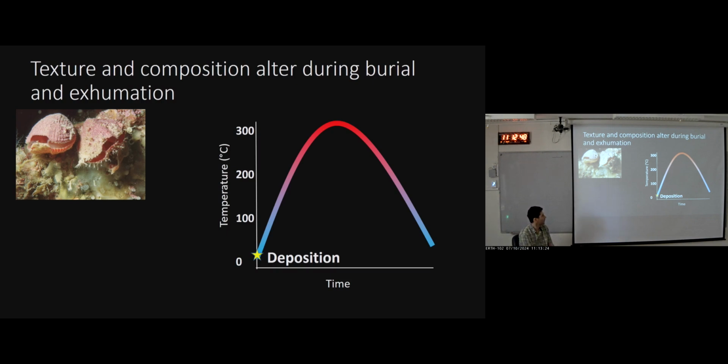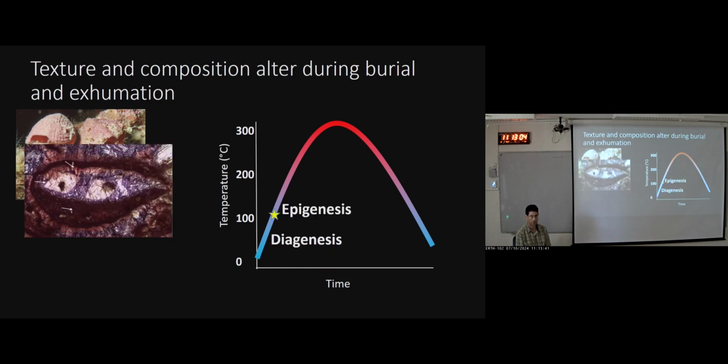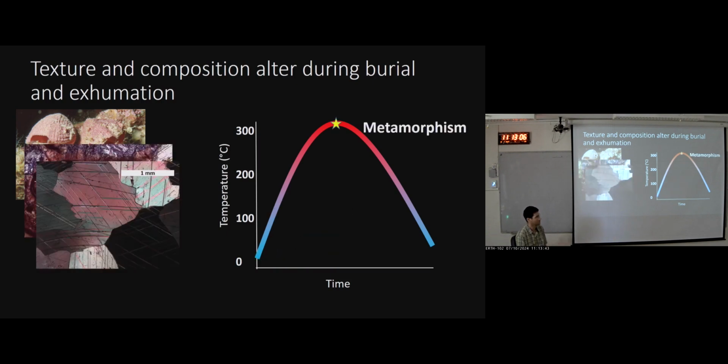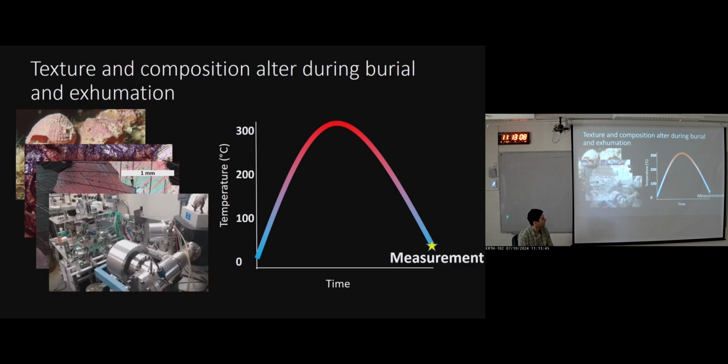And if you think about the history experienced by rocks as a thermal history, in which temperature increases and then decreases over time, then we are after a signal that is recorded here when the sediments are fresh. But then it gets altered during diagenesis and epigenesis and even metamorphism, and it can keep on altering all the way until we get the sample and put it in the mass spec to analyze.